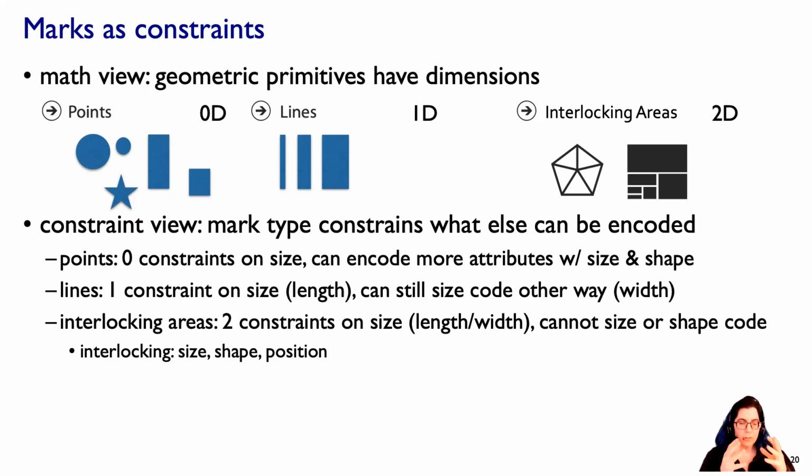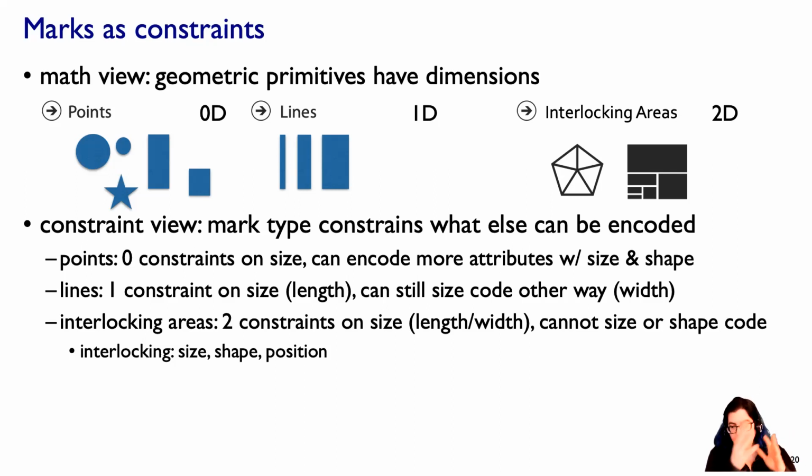What about these line marks? Well, there's a constraint already. A line mark sort of intrinsically is encoding an attribute with the length. So that's in some sense used up. You could still size code the other way. So you could have a second attribute that you're using to width code your line. But in contrast, what about these interlocking area marks? So area marks, they're completely constrained. You can't length code or width code an area mark.